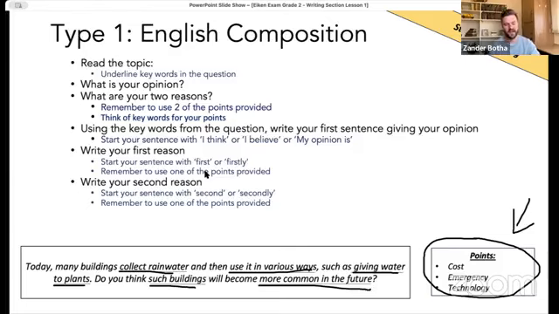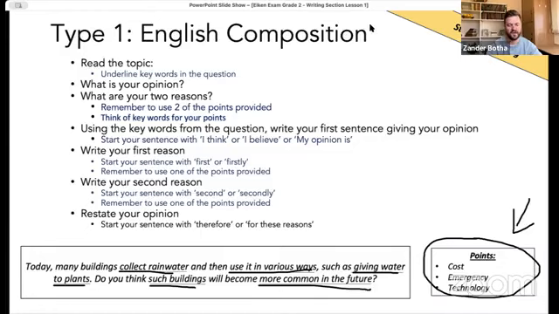All right. Now that our second reason is finished, we will move to the last part of our English composition, and that is to restate your opinion or to write your opinion again. Now, remember, for this part, you need to start your sentence with therefore or for these reasons.